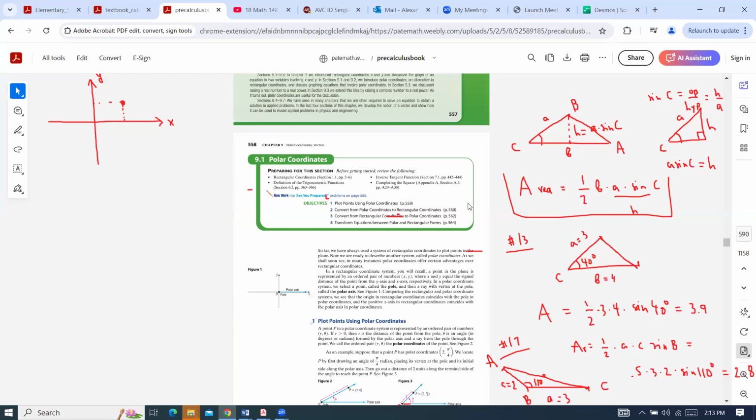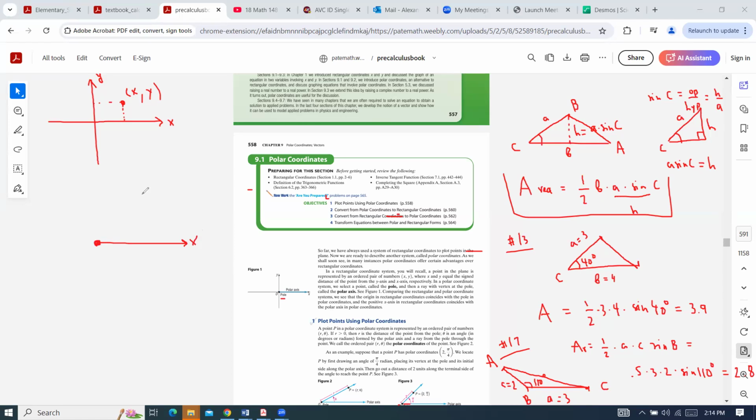So forget about the X and Y plane, and pairs X and Y to describe points. Start with the center, or so-called pole, and then the positive direction of the x-axis.